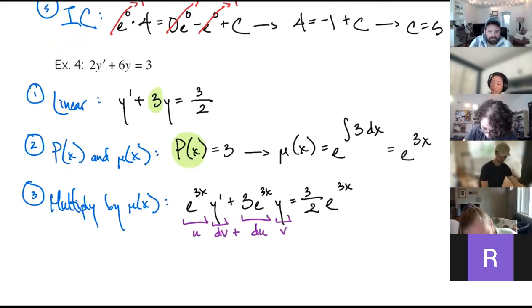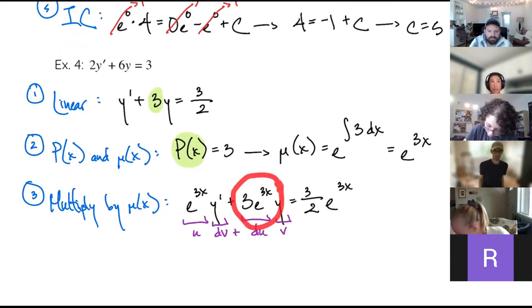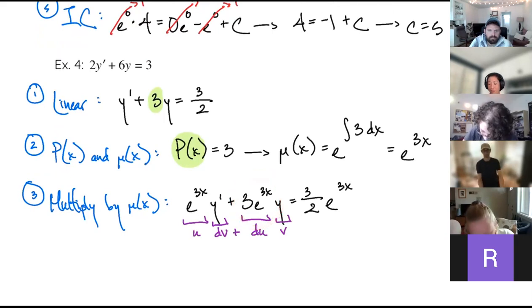We're really grateful that there's a 3 here, 3 e to the 3x, because if we didn't have that 3, it wouldn't actually be our du. We have to remember that chain rule piece when we take that derivative. That's where that extra 3 comes from.